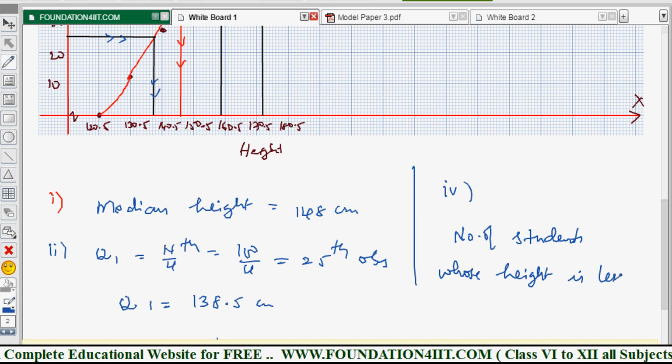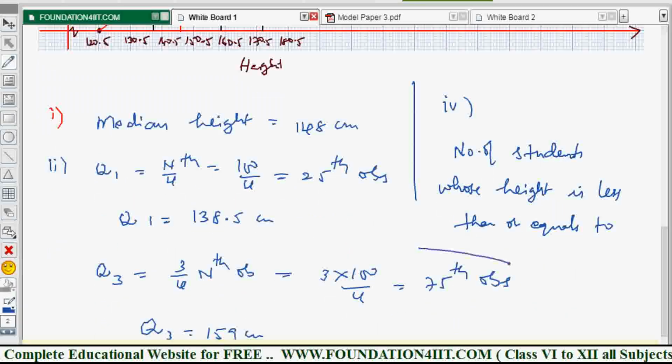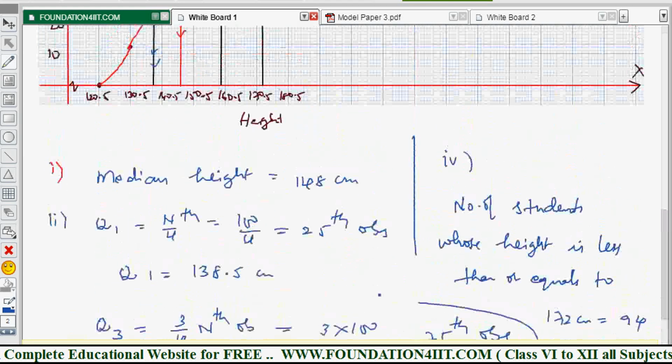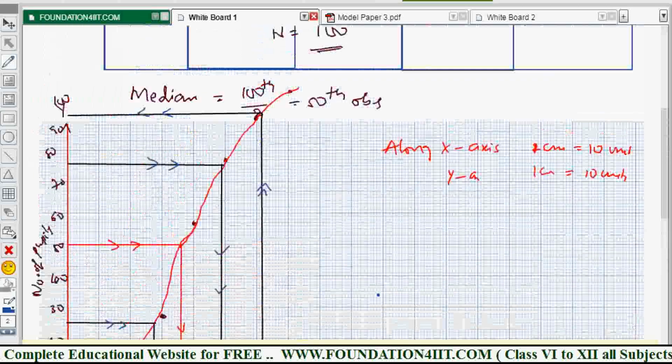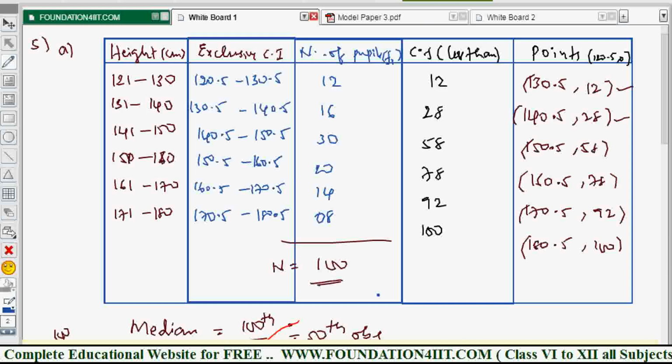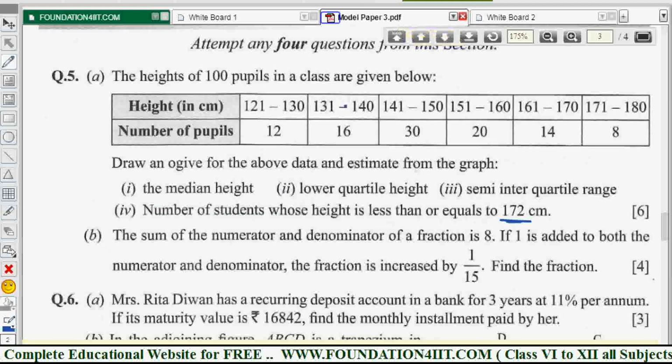So 172 centimeters is equal to 94 students, because this touches the y-axis at 94. Based on this, we need to draw the graph before solving these answers. First of all, you should make the table clearly and plot those points on the graph, and you can find out, right? This is about this question.